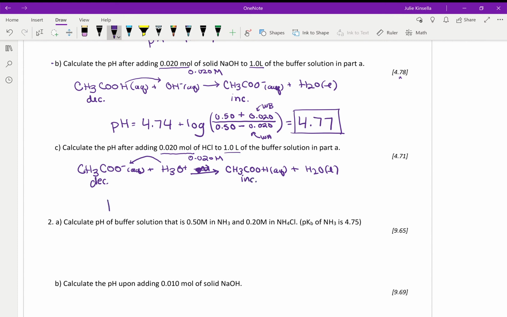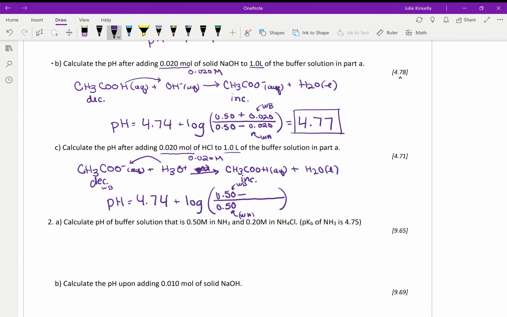Okay, so when we go to plug this into our Henderson-Hasselbalch equation, remember they're both starting off, and this is like a brand new buffer solution. So we're both starting off with 0.5 molar of the weak acid and weak base. And again, remember the bottom part here is the weak acid, and this is our weak base. Okay, so the acetate ion, which is our weak base, is decreasing, so minus up in the top.